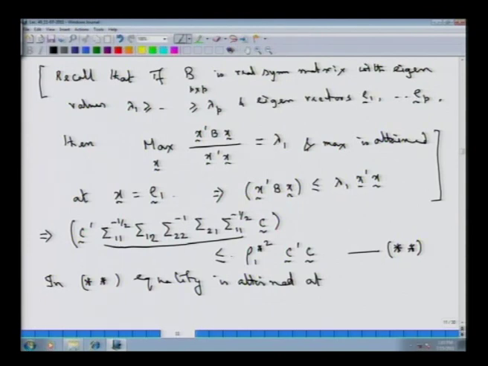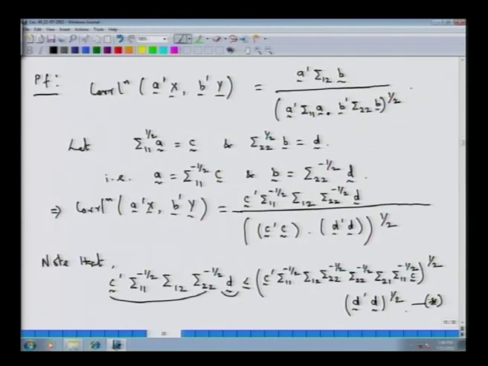We are going to say that this is less than or equal to rho 1 star square times C prime C, and equality of course will be attained, as in the previous general result, at the orthonormalized eigenvector corresponding to rho 1 star square. So, this equality will be attained at C equal to E1.